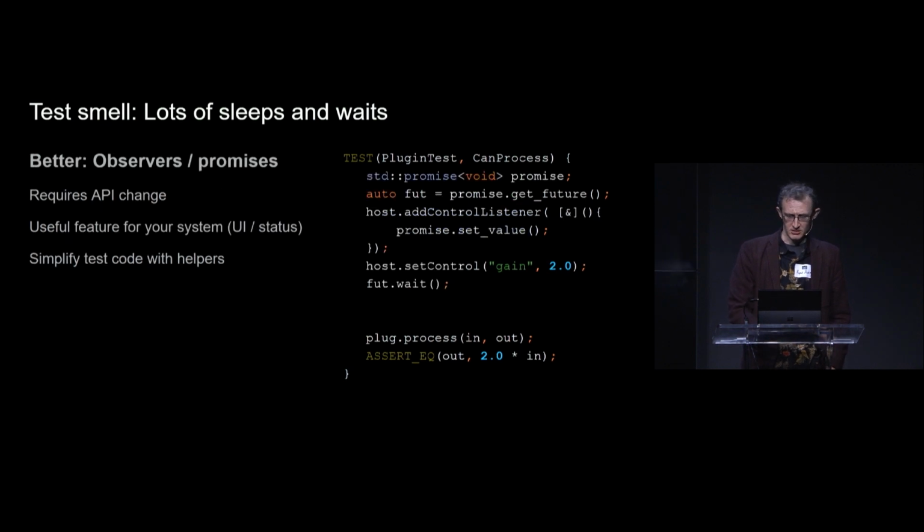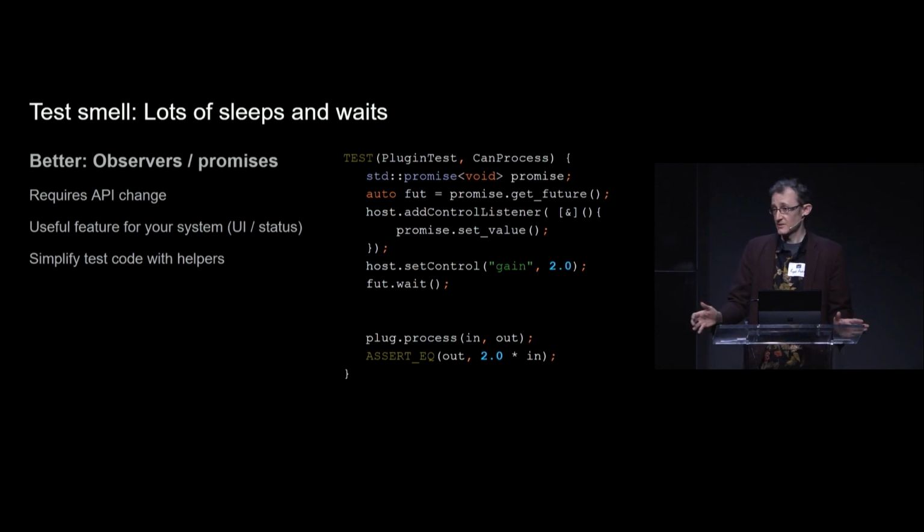But even better still, observers and promises. We heard about this. You've probably seen this in your code base as well. Let's actually introspect our code somehow so that we can see exactly when this value changes in the host. That's when we can move on to our next line in our test.